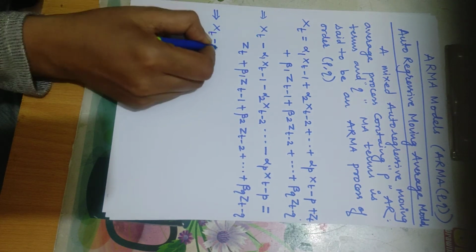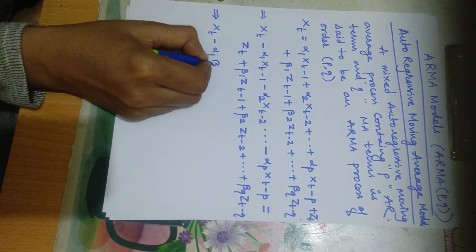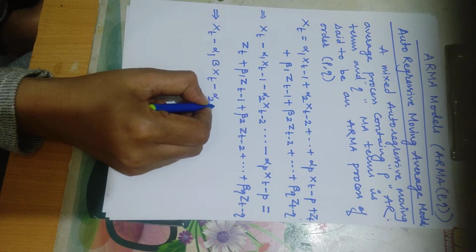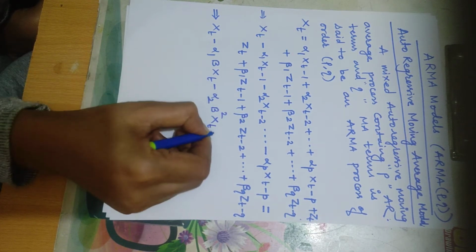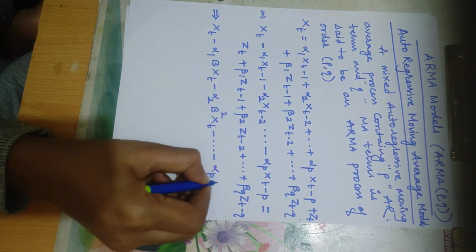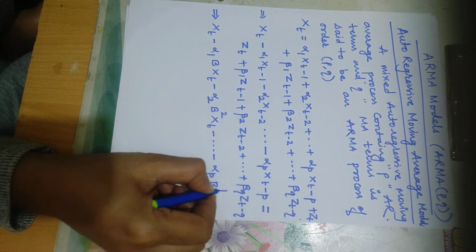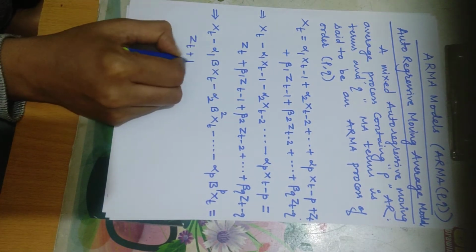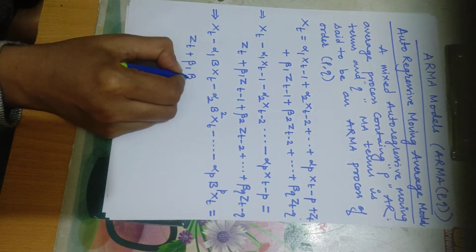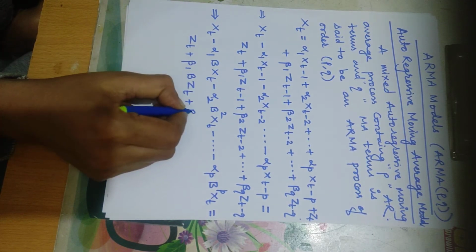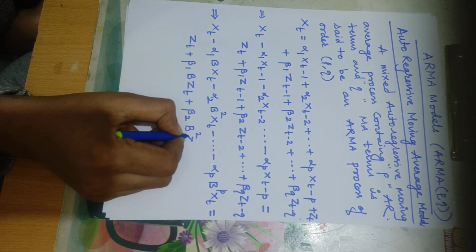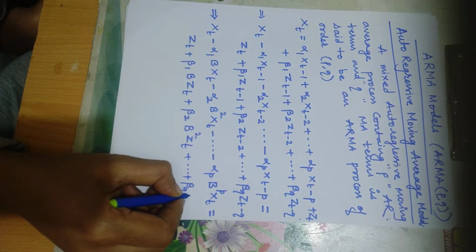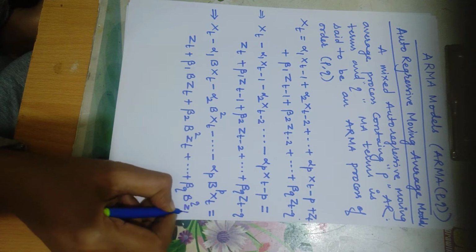So xt minus alpha 1 xt minus 1 in backshift notation can be written as xt minus alpha 1 B xt minus alpha 2 B square xt dot minus alpha p B to the power p xt, which is equal to zt plus, here also using backshift notation, beta 1 B zt plus beta 2 B square zt plus dot beta q B to the power q zt.